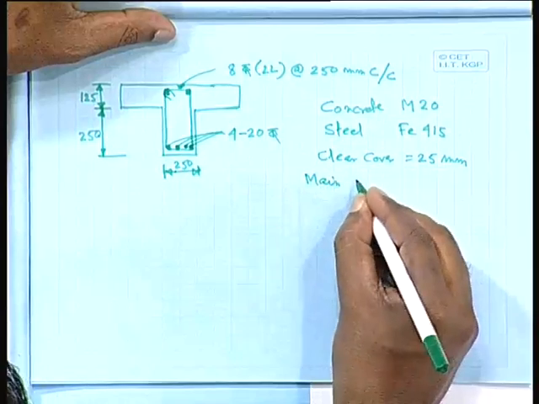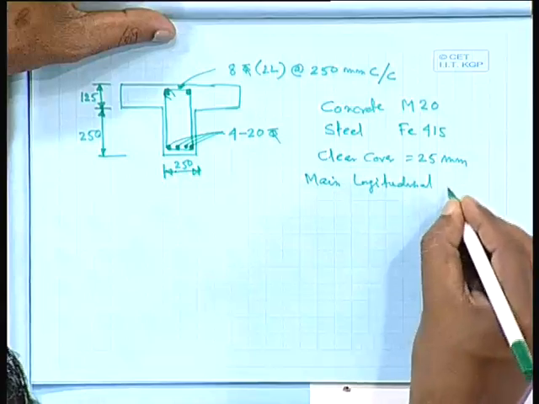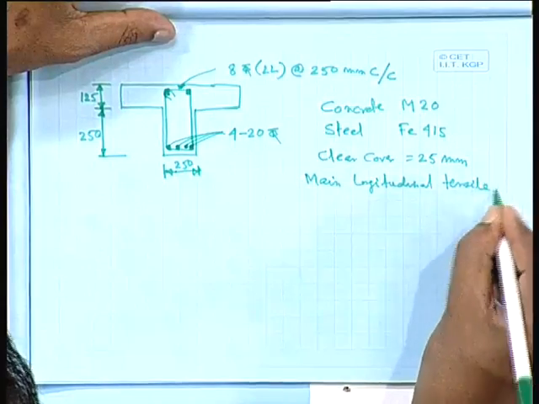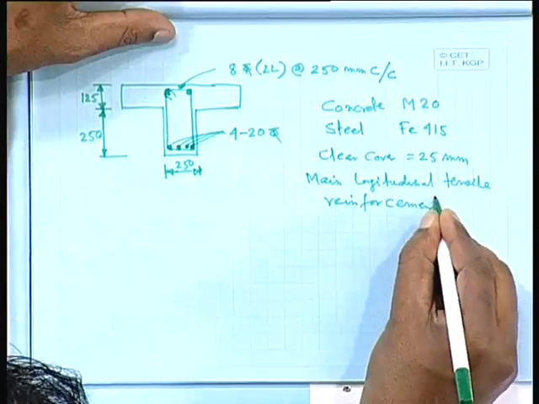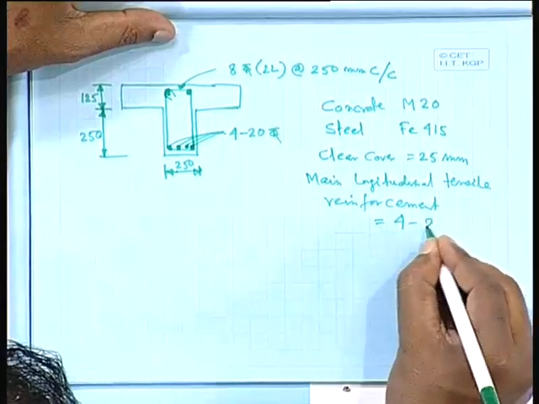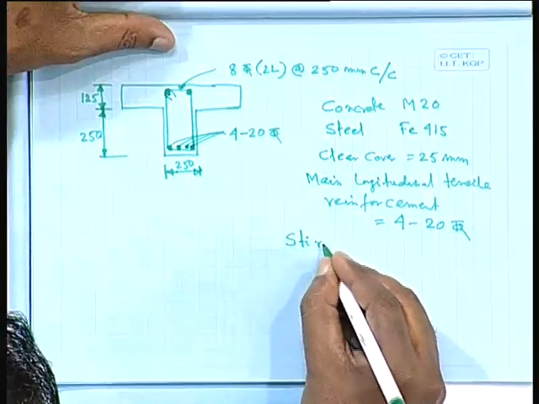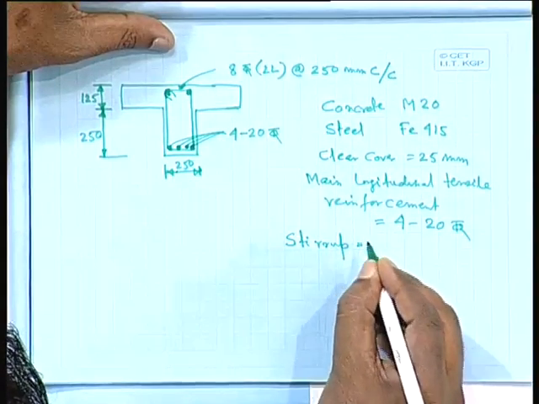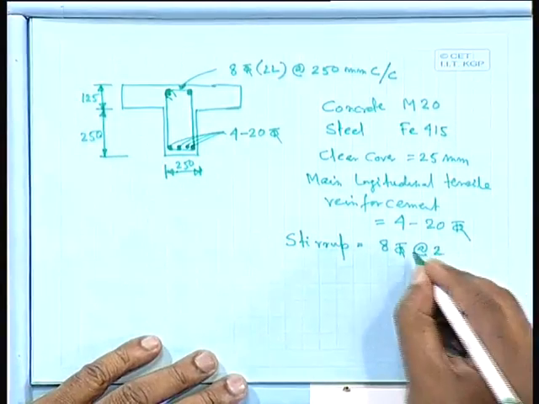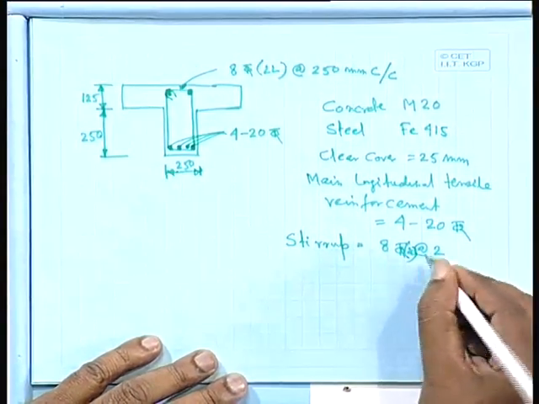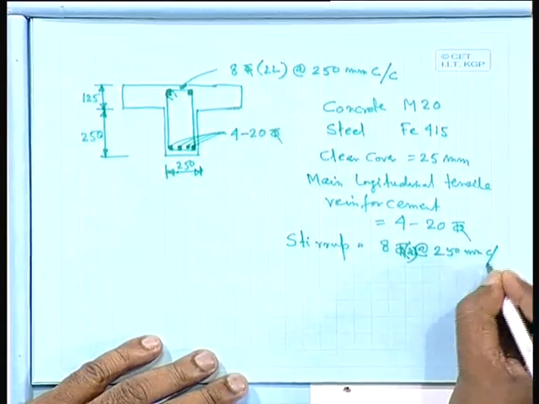Main longitudinal tensile reinforcement 420 torr, stirrup 8 torr at the rate of 2-legged, mention 2-legged at the rate of 250 millimeter center to center.